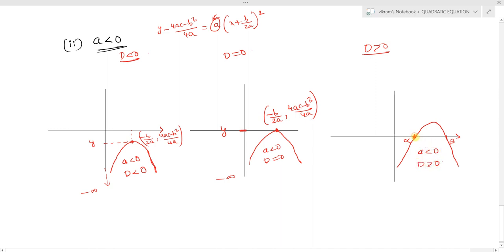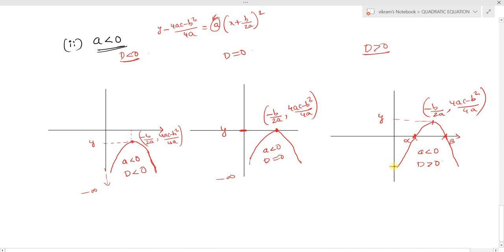It has two real and distinct roots, and the vertex is at x equals minus b by 2a, y equals (4ac minus b square) by 4a.